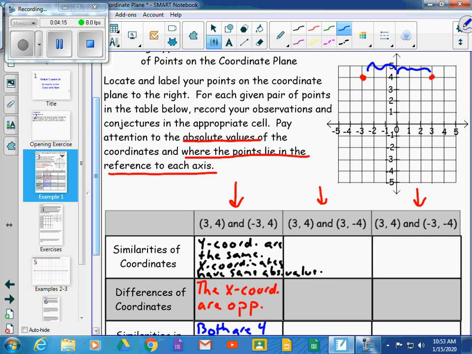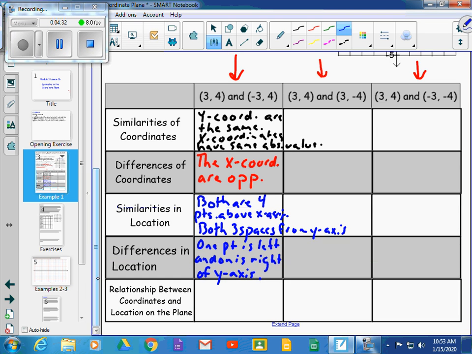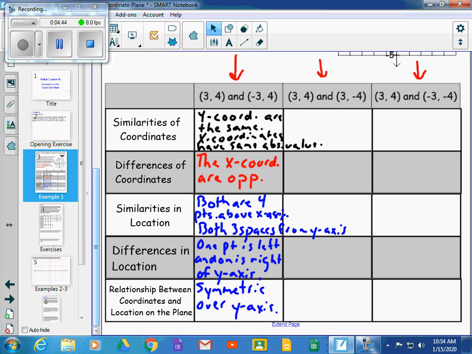If you talk about where this point is right here, if we would flip it over the y-axis, you would end up in the location where the second point is. They mirror each other. That y-axis acts like a mirror. So we would say that those 2 points are symmetric over the y-axis. They're flipped over the y-axis. One point can be flipped over the y-axis to get to the point on the second.